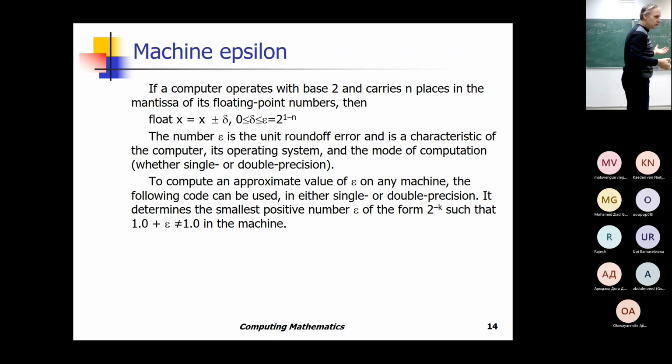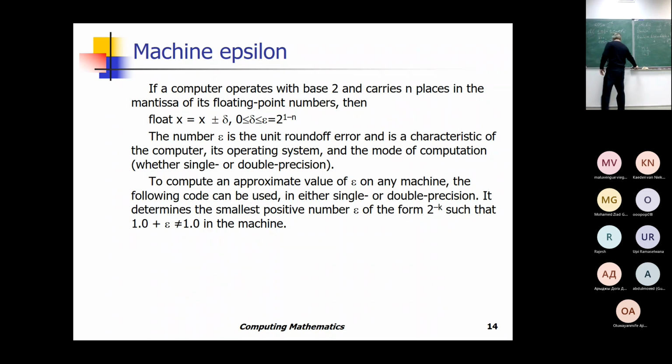If it's not true, then we should decrease this epsilon, or in other words we can increase k. So if 1 doesn't equal 1 plus epsilon, we should increase k and recompute the epsilon.